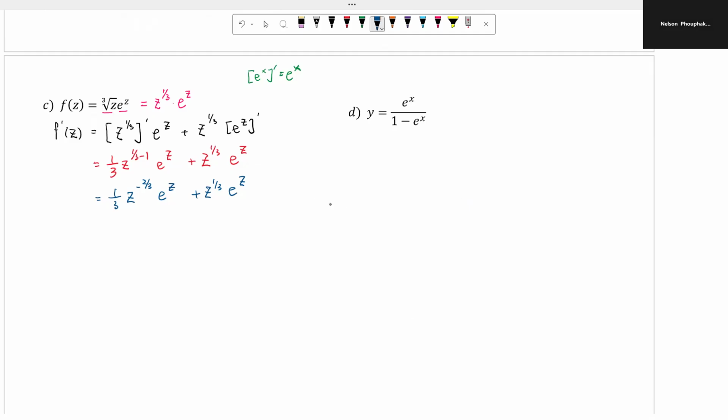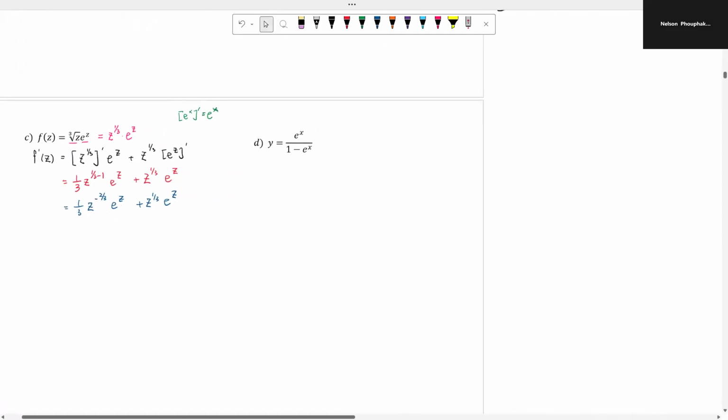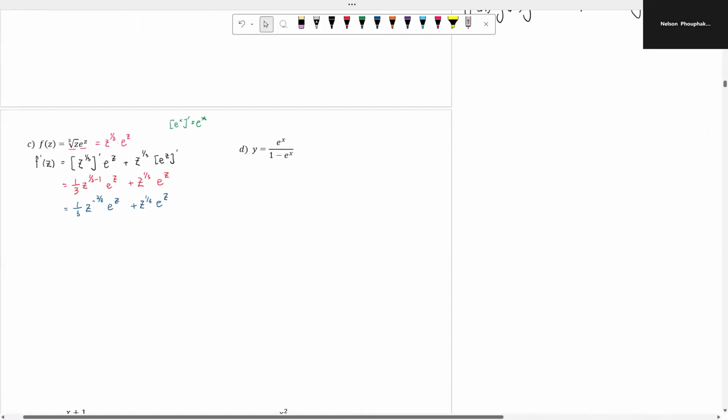So now I would like to introduce how we actually factor out the like term, okay? So remember when we work with factoring, for example, if I have x to the power 4 plus x squared, when I try to factor, what we are looking for is the smallest power, right? We are going to take out the x squared, okay?